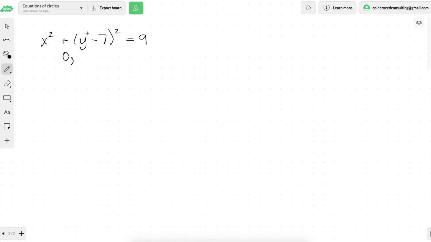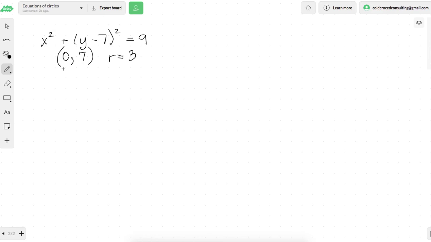Our y minus 7 means that we have now moved the center of our circle up 7. So now our center is at 0, 7. All right, what else do we know? Well, over here, our 9 is actually our r squared, so we're going to have our r as 3.